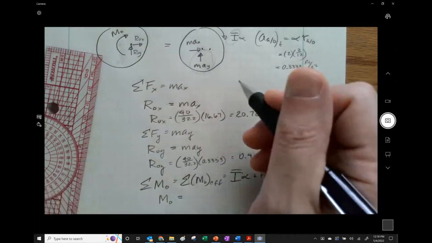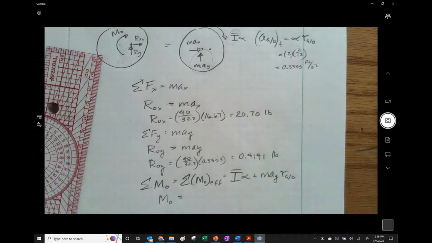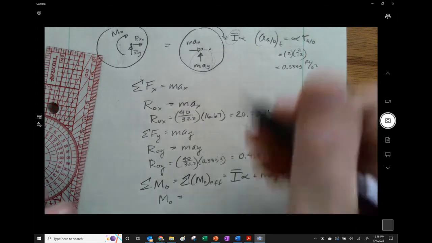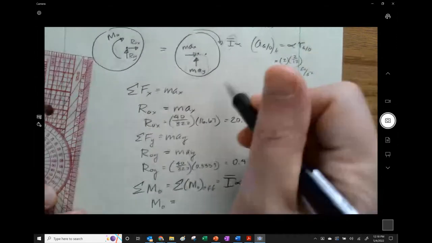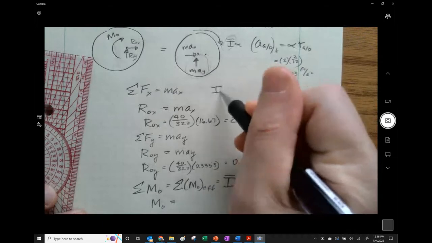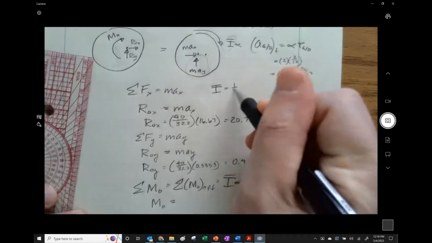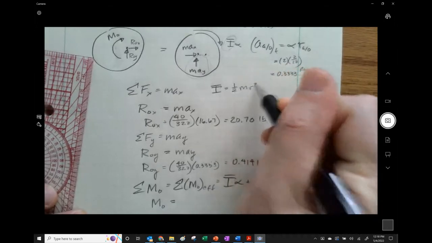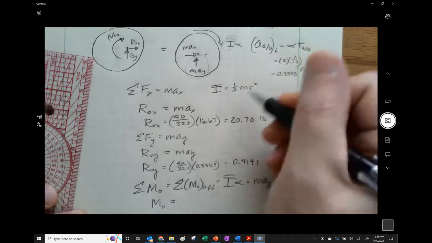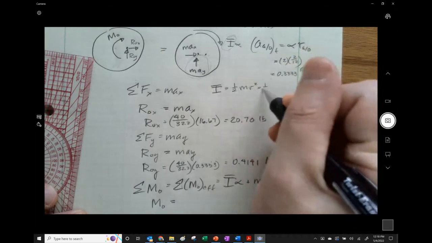The moment of inertia of this, did they tell us a disk? They didn't give it to us as a disk, they just said it was a cylinder. Okay, so for any type of cylinder, maybe we should have written out the moment of inertia somewhere up above: 1/2 m r squared.